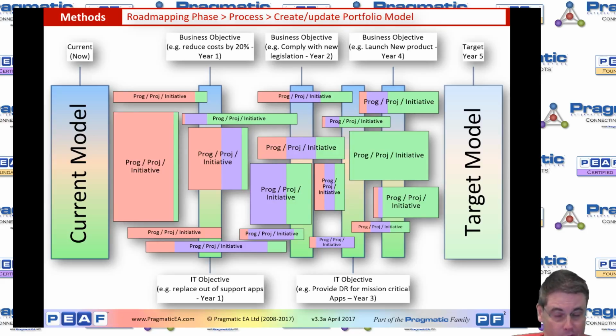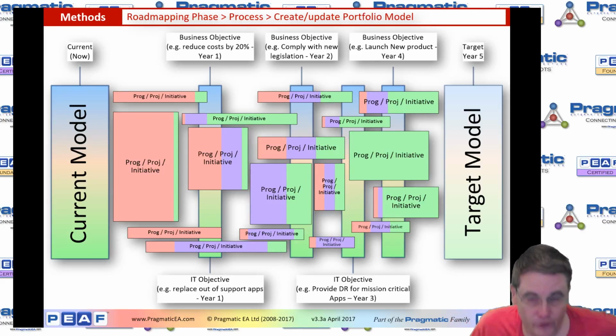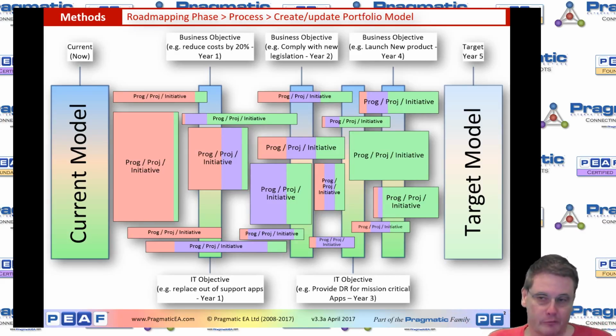And from the point of view of PEAF and POET, it doesn't matter whether you're a healthcare provider, a bank, an oil company, a transport company, a government agency, a hospital, a university. It really doesn't matter on the business vertical. So in answer to your question, no, there are no business sectors that POET and PEAF are not applicable to, because the fundamentals of doing transformation are the same for any company, or should be the same.